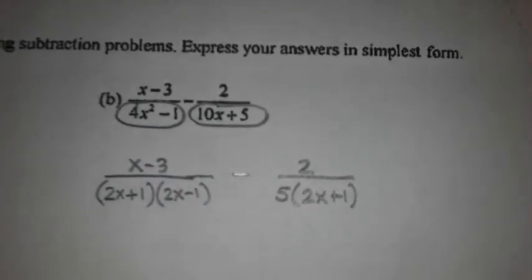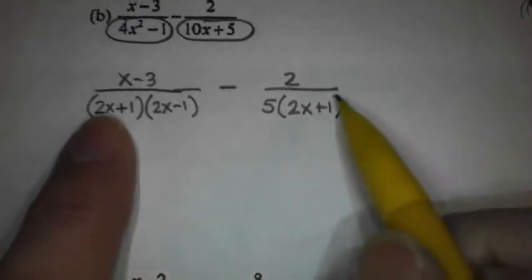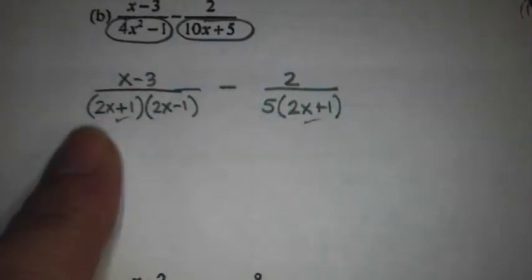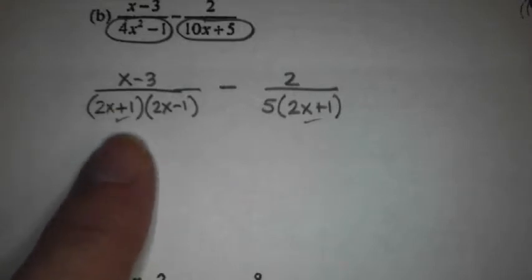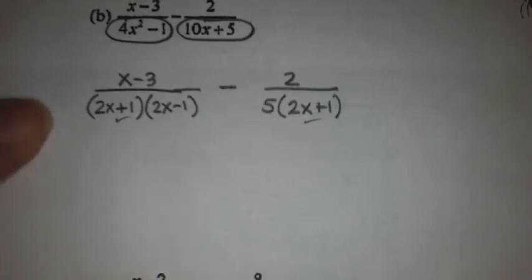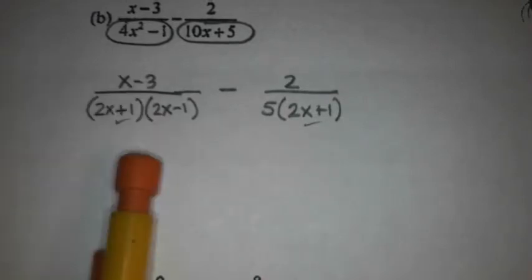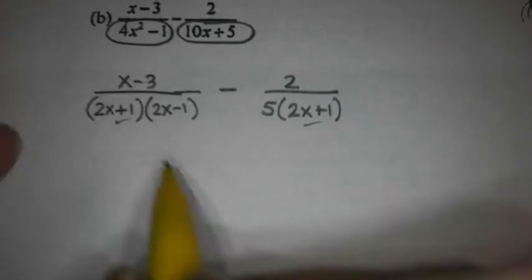So, as far as getting a common denominator, they already have the 2x plus 1 in common. What does this one on the left need, Evan? What does this denominator have that this one does not have and therefore needs? A 5. So we're going to give this a 5 over a 5.